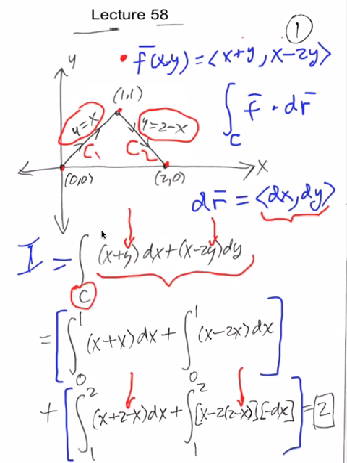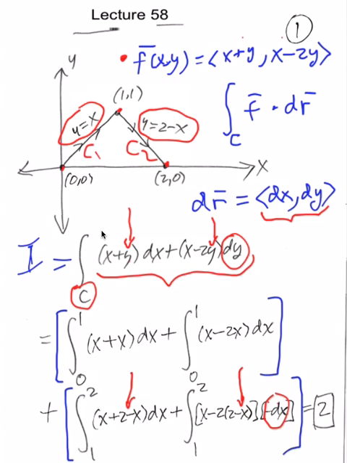And then dy over C2 would be negative dx. That's what you would write for your integral. Oh, wait, I forgot the limits for C2. X is going from 1 to 2. You work that out and I got the answer 2, and I hope that's right.